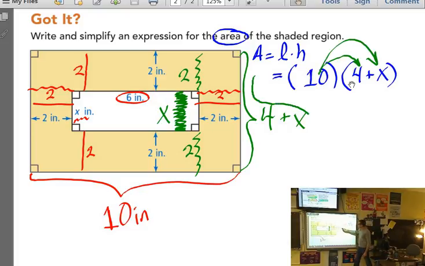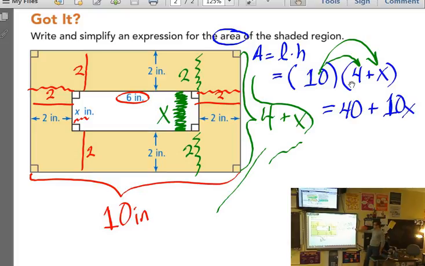I'm going to divide this a little bit. Did you guys just see that? Ghosts. Yeah, and the arrows all grouped up. So, 10 times 4 gives me 40. 10 times X. If you guys could help me, that would be great. I don't know what you're talking about, but I'm going to hope it's math. So this is my area. Boom, done, 40 plus 10X.